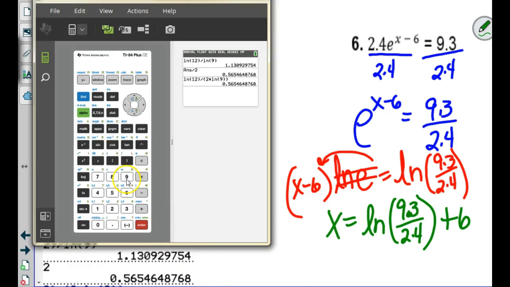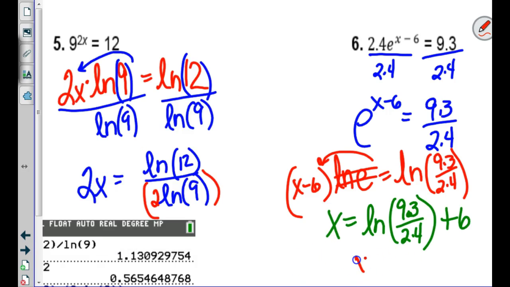So we have ln of 9.3 divided by 2.4, close parenthesis, plus a 6. And you could do that in steps along the way. But it's 7.355 if you round at the end.